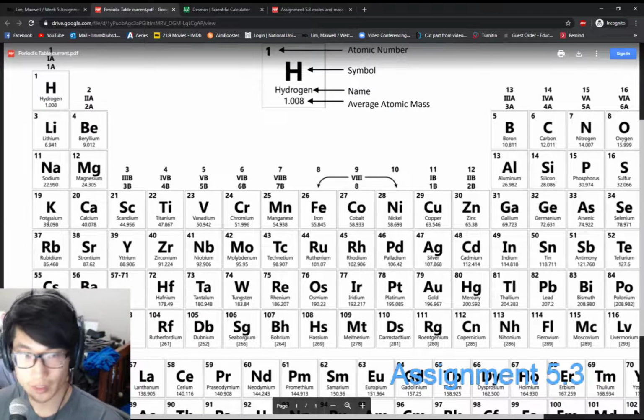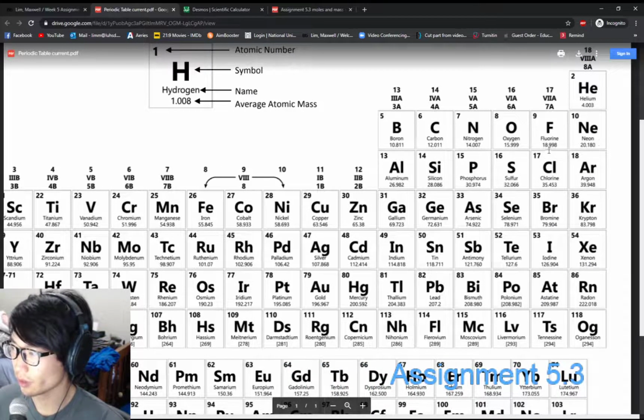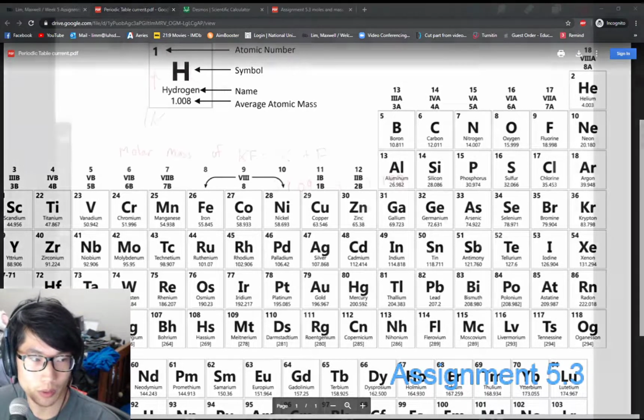So I see my potassium is 39.098. And now I need the weight of my fluorine, which is right here. I'm writing these down. I'll show it after, which is 18.998. You're going to ask how many decimals. I honestly don't care. If you remember how to do significant figures, then do that, please. But try your best.